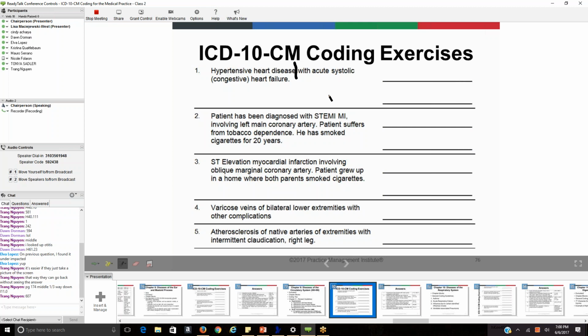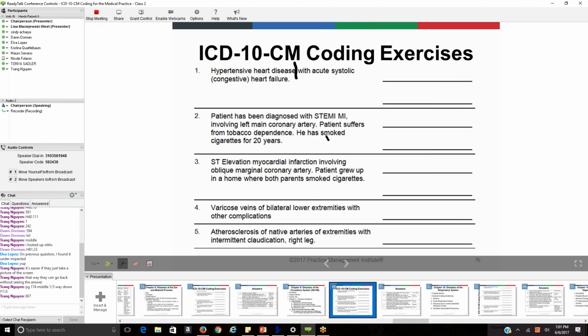I50.21 is acute systolic congestive heart failure. When you look at the I50 code, at the top of the main term, which is the 3-digit code for heart failure, it says code first heart failure due to hypertension, I11.0. So you would code the I11.0 first, followed by I50.21.